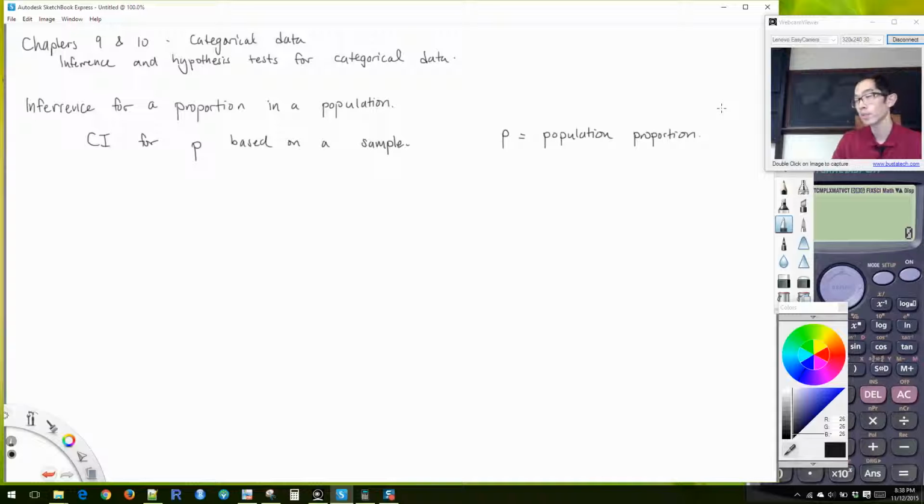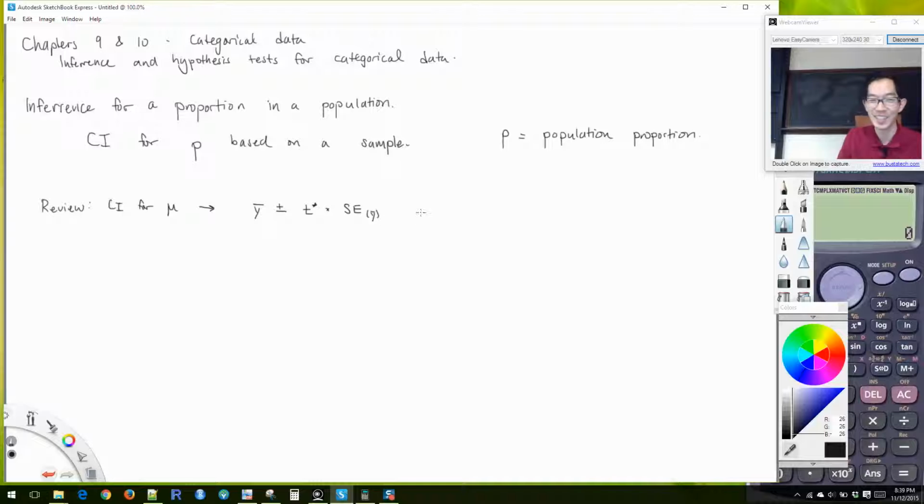Okay. What did the confidence interval for the mean look like? Review. So CI for mu looks like what goes in the middle? Y bar plus or minus t star times the standard error of Y bar.